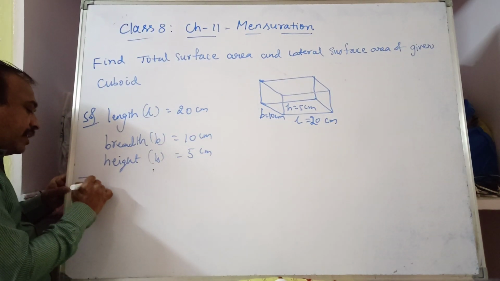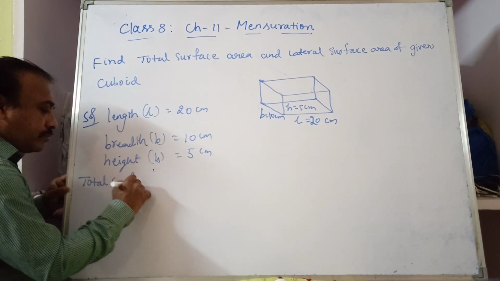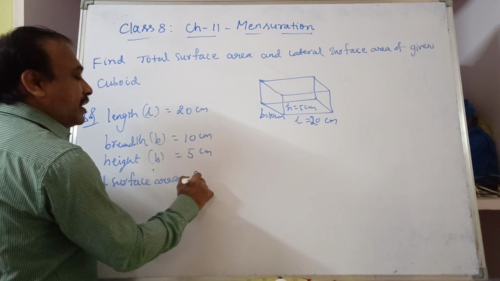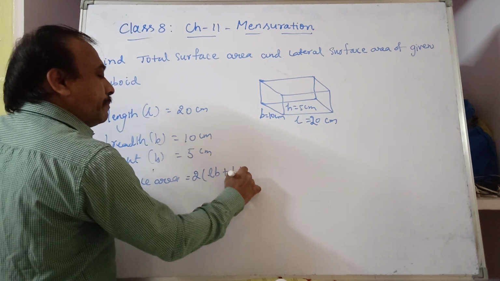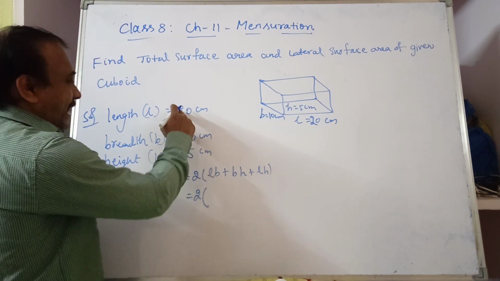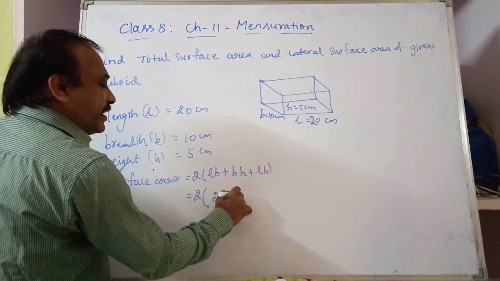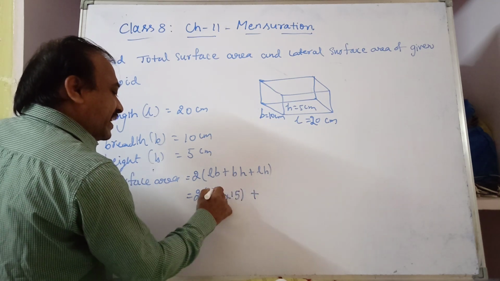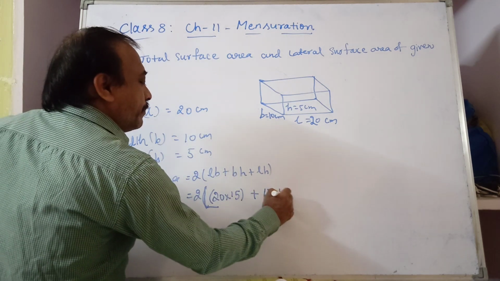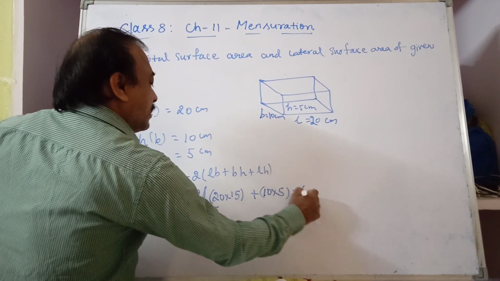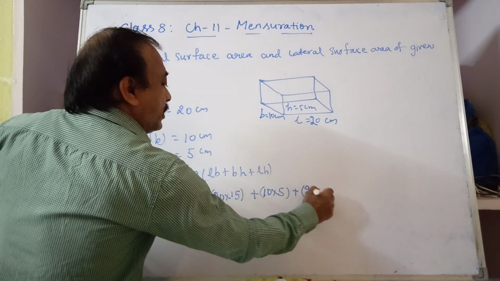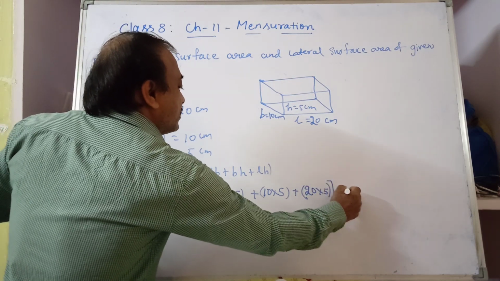Total surface area is equal to, what is the formula? 2 into LB plus BH plus LH, which is equal to 2 into, L into B, 20 into 10, plus, write the bracket here because there are so many terms, B into H, 10 into 5, plus L into H, 20 into 5, close the bracket, centimeter square.